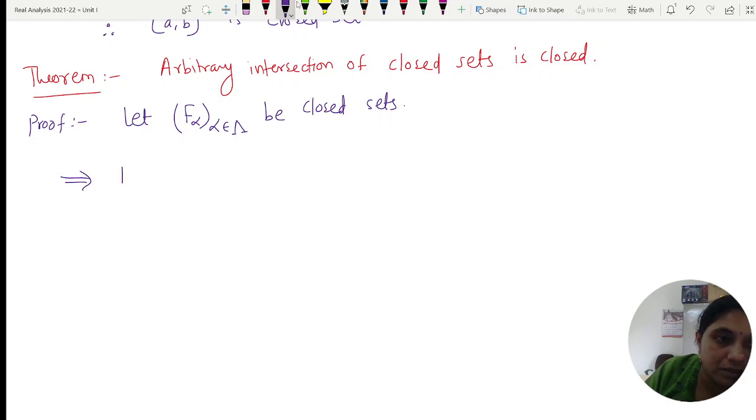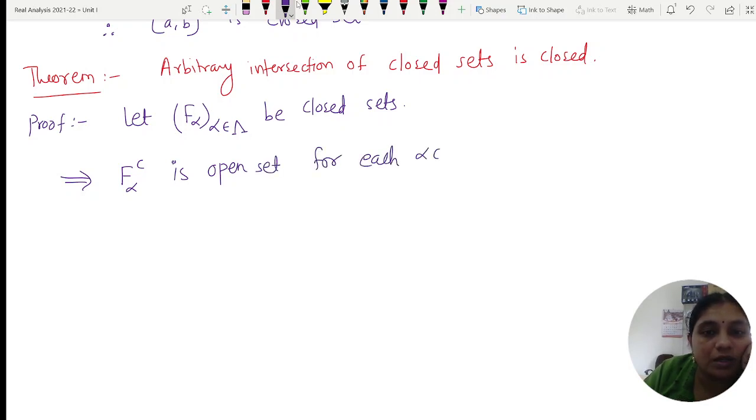It is an open set for each alpha belongs to lambda. But we know that an arbitrary union of open sets is open.